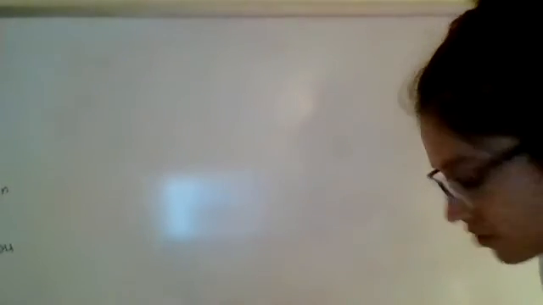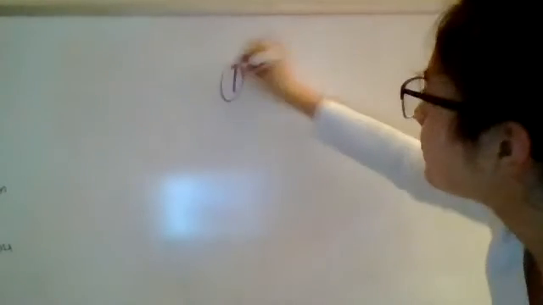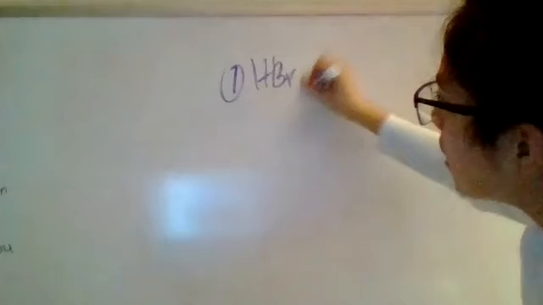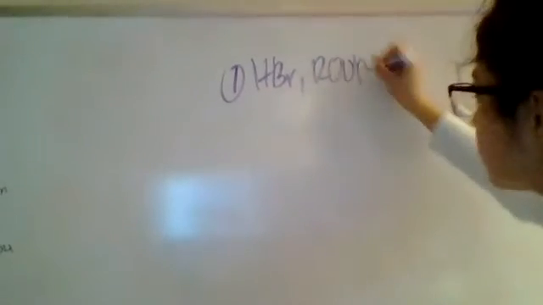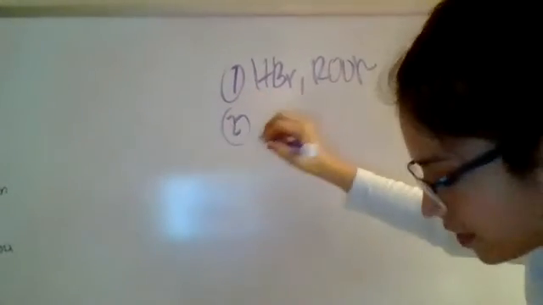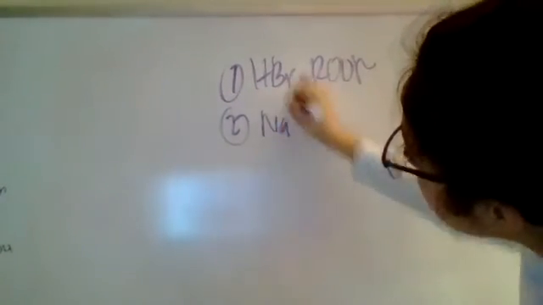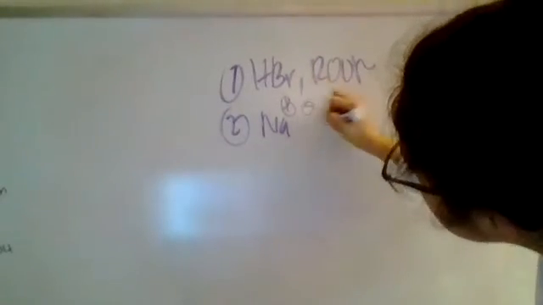All right. Anyways, the next one he didn't even try to do. So I did HBr and ROOR, and then I did Na plus minus 1, 2, 3.